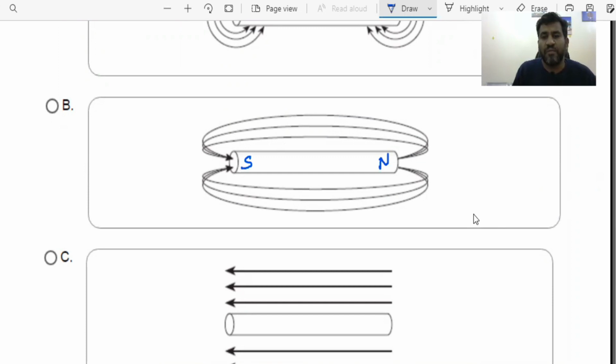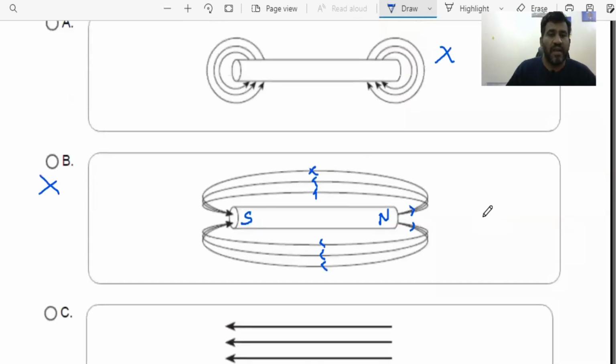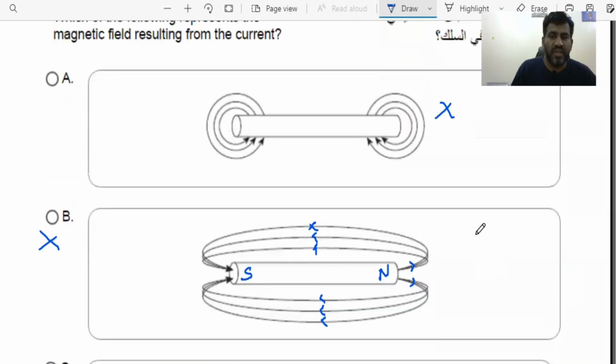Always the magnetic field goes out of the north and enters into the south pole. So that's what we say, the north pole and the south pole. They go out of the north and enter the south pole. So this is not the arrangement of the magnetic field generated by a current carrying conductor. That's why B also cannot be the answer, and A also cannot be the answer because A is not a right way of arranging.